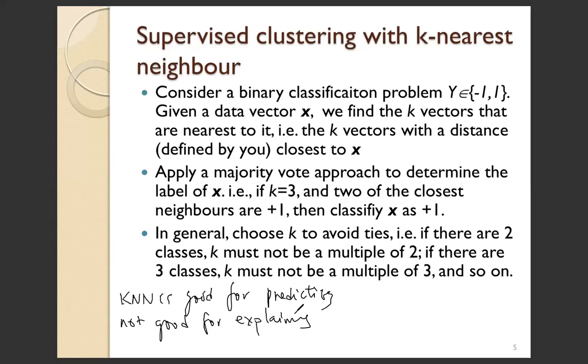If this is all you care about and you don't care about explainability of the model, then KNN is a reasonable approach. But if you care about why the classifier behaves in a certain way, then KNN is not a candidate, because it is just a model-free approach.